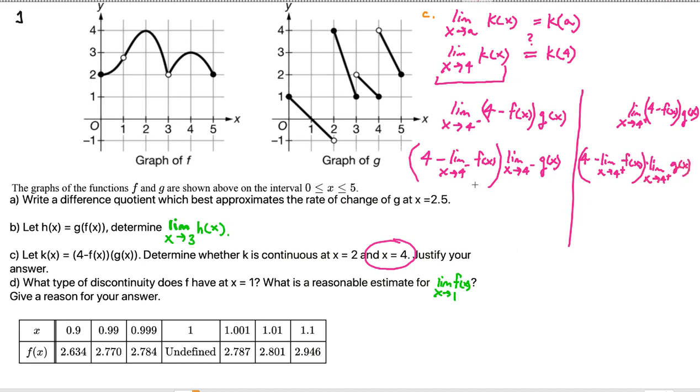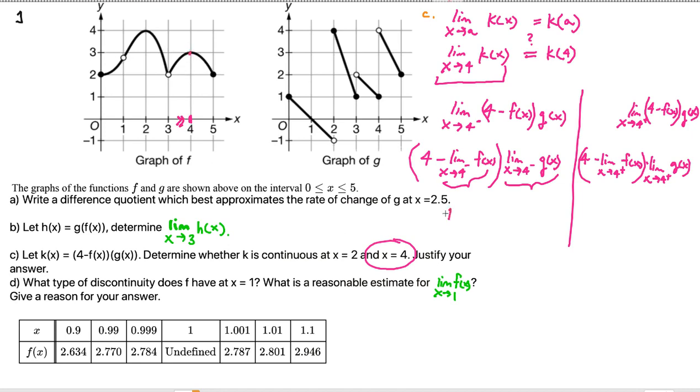And now we just need to investigate what this is and what this is. We can find out what the left-hand limit equals, and we want to see if it equals the right-hand limit. Because again, I'm trying to determine the limit as a whole, and if the left-hand limit doesn't equal the right-hand limit, the limit doesn't exist. So let's see what happens in this case. The limit as x goes to 4 from the left of f of x: this is 4 along x, I'm coming to 4 from the left, so I'm getting closer and closer to 3.